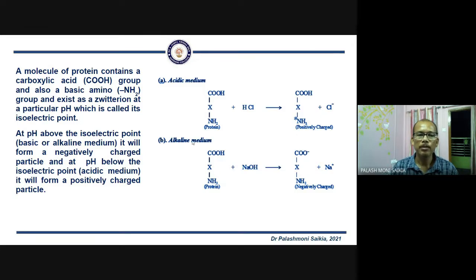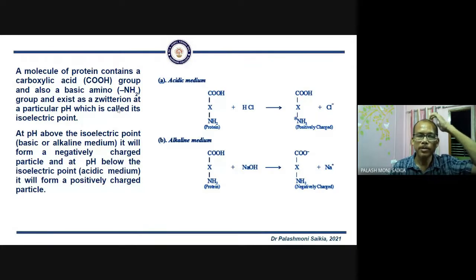So we also know that this is all controlled by the pH, that is acidic medium at very low pH, alkaline medium at very high pH, and there is a particular pH which we often call the isoelectric point, at which it remains in zwitterionic state.